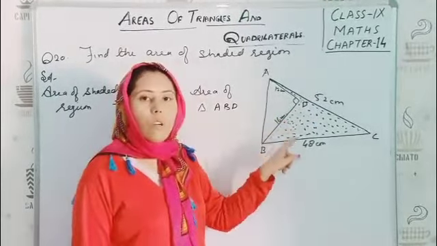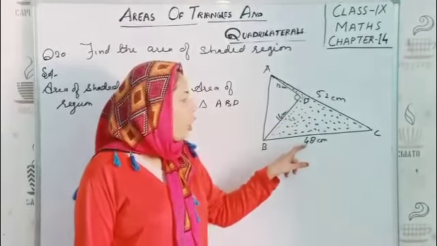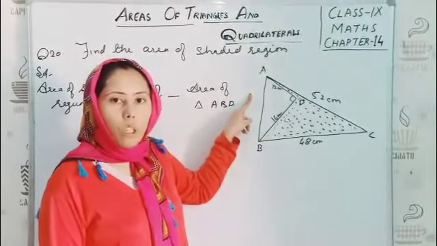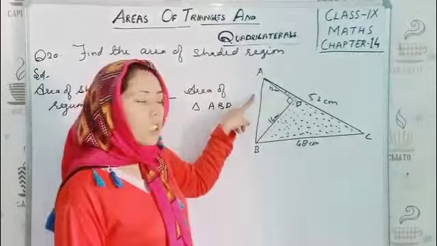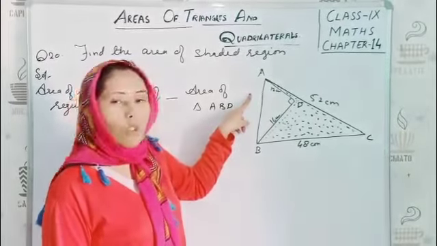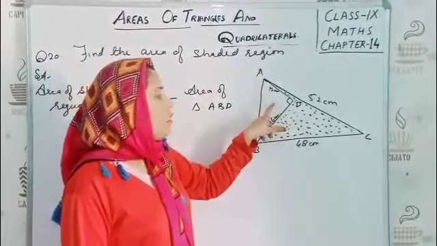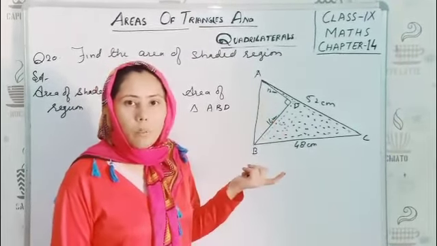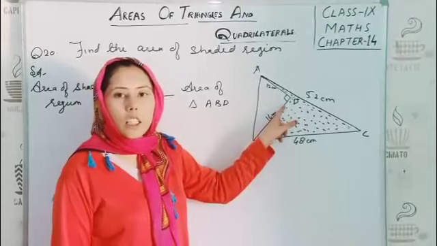This one is also a triangle, this one is also a triangle. For this scalene triangle we want this side. According to Heron's formula we will find the area, but the third side should also be known, and we do not know the third side. Okay, now in this triangle it is simple, we will apply half base into altitude because the height is given, and it is given that this is 90 degree.